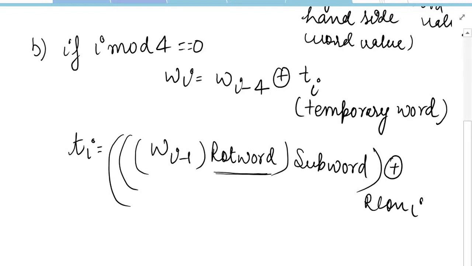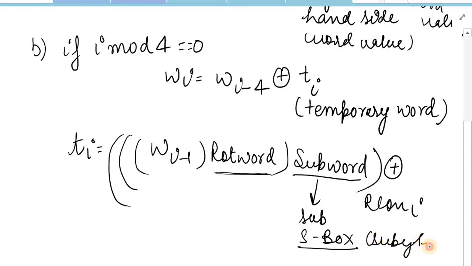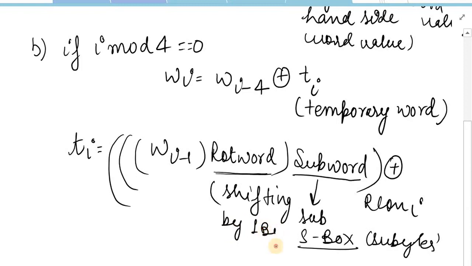Then what about the SubWord? The SubWord is used to perform the substitution by using the S-box table, just like SubBytes. So this is called the shifting by 1 byte, and this SubWord performs the substitution. And what is Rcon i?